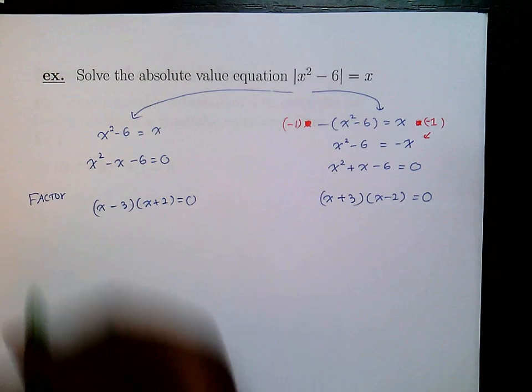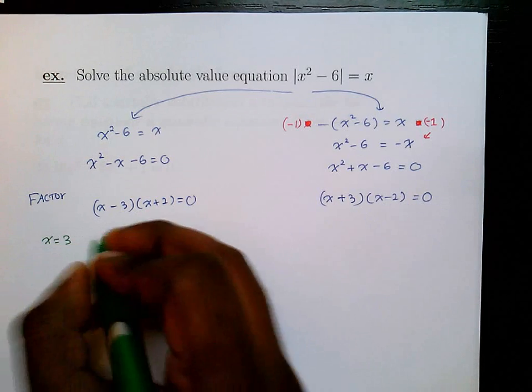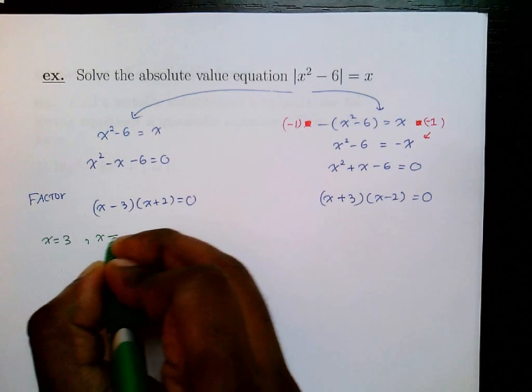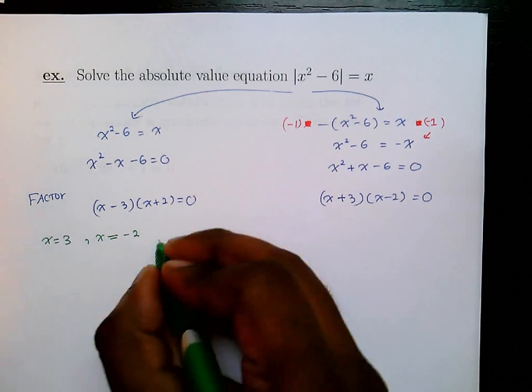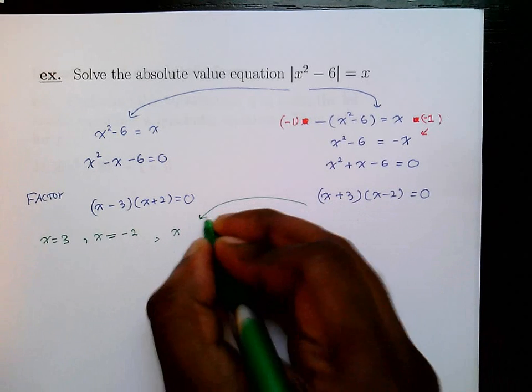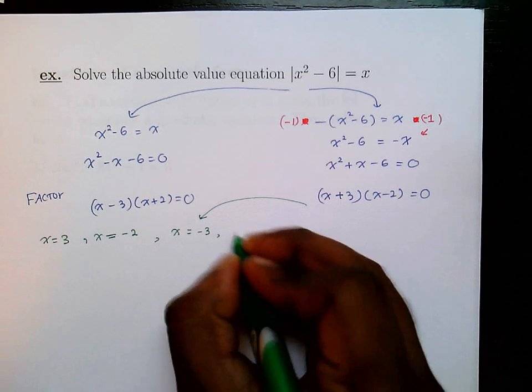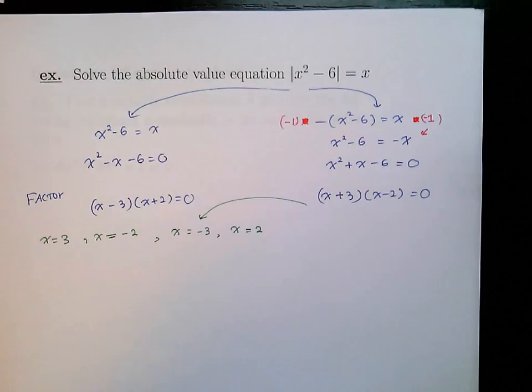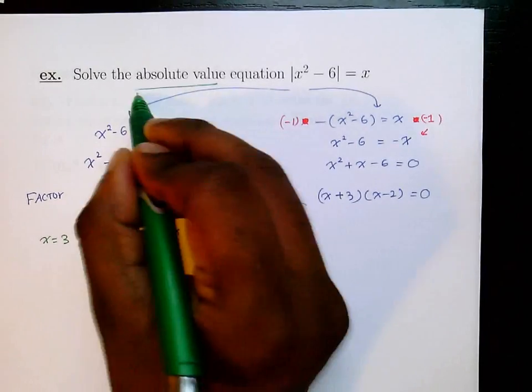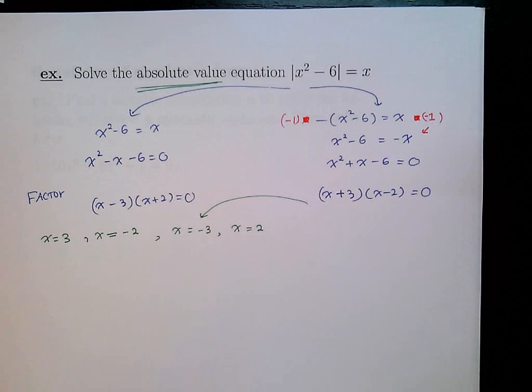So we get 4 solutions: x equals 3, x equals negative 2, x equals negative 3, and x equals 2. But because the equation is absolute value, you need to check all 4 of them in the original equation.